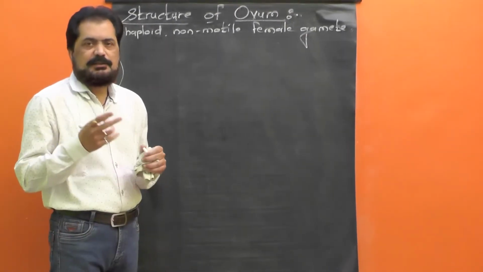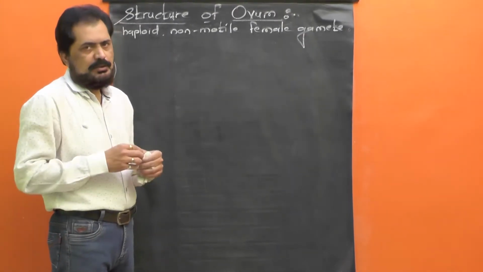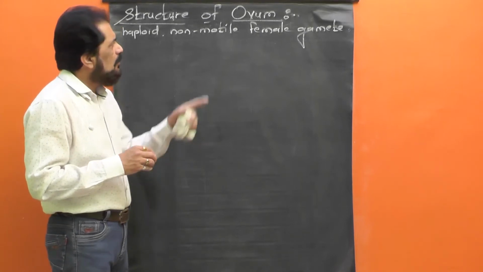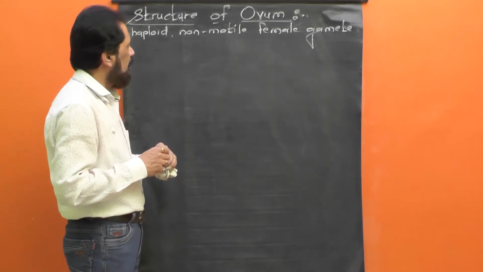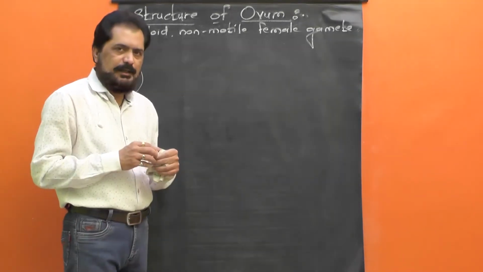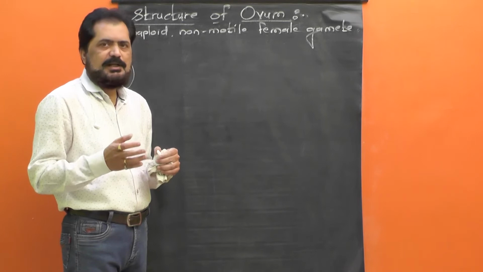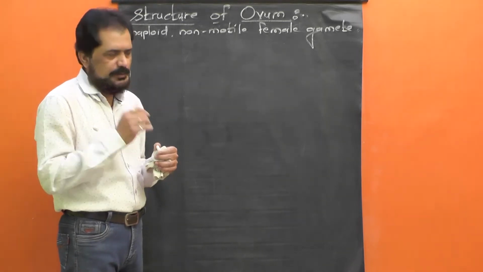That is the characters of mother into the offspring. And the ovum is non-motile. So ovum is a haploid non-motile female gamete carrying maternal characters into the offspring.